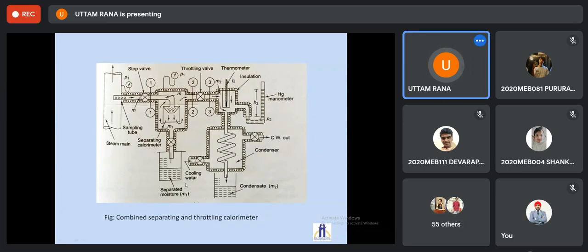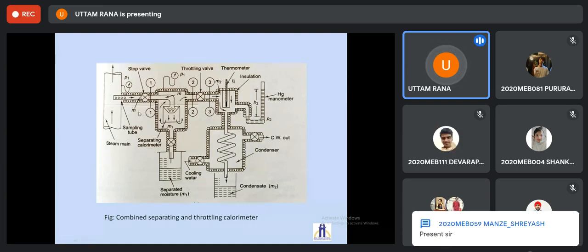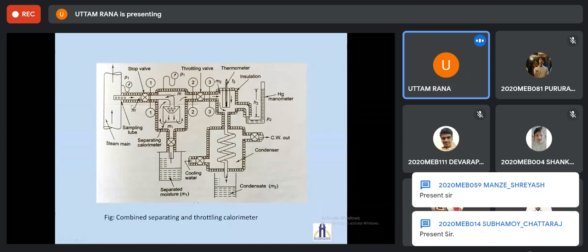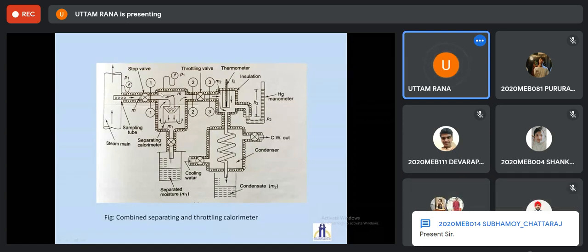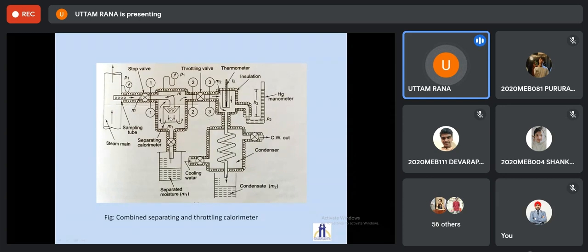What is done in this particular case? You can see here the steam is taken and then the steam goes to a separator. So let us say we are taking a mass of the steam at a pressure of P1, and it goes to a separator where a certain amount of condensate is collected. As it passes through this separator, some moisture is separated.